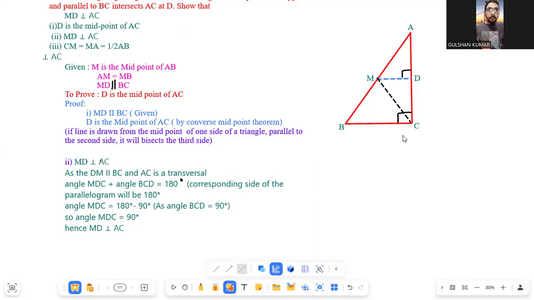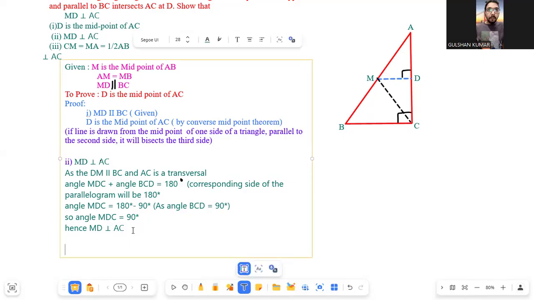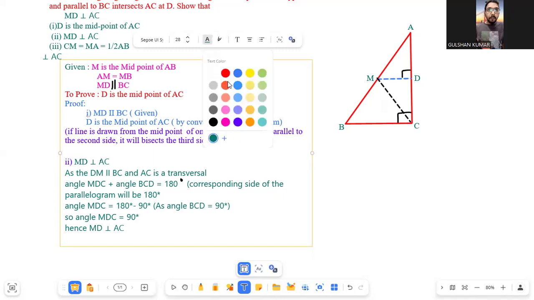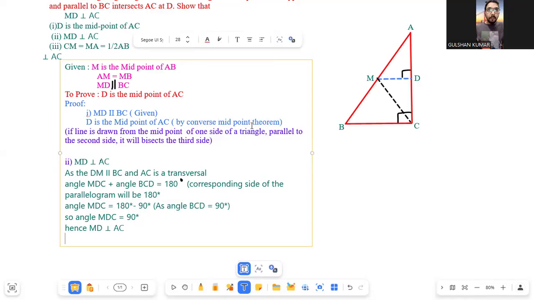After joining, first we have to write here that now we have the third one.